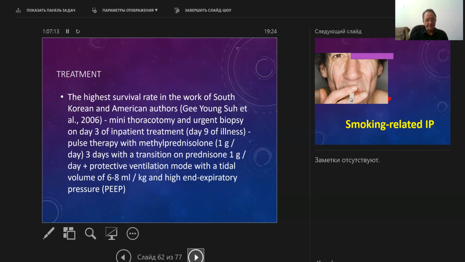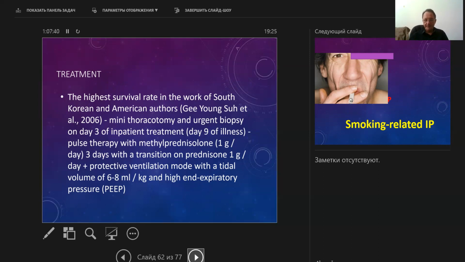But frankly speaking, now after experience treating patients with new coronavirus infection, my suspicion is that it is the same acute interstitial pneumonia, a disease of viral etiology, for example, confirmed new coronavirus. How can we treat it?